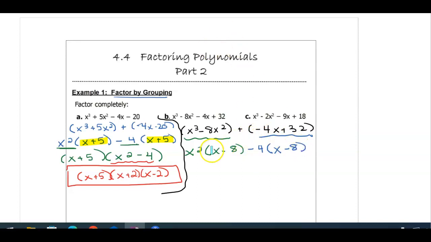Once again, I have my x minus 8, my x minus 8, which is exactly what I want, because now I can factor out an x minus 8 from both of those, and what I'm left with is x squared minus 4. But like the first one, notice that this simplifies more. So x minus 8 I keep, and then remember x squared minus 4 is a difference of squares, so this just goes to x minus 2 and x plus 2.